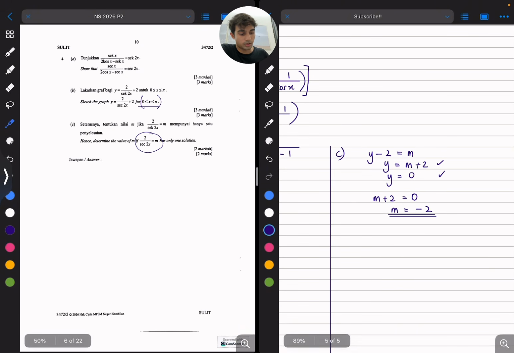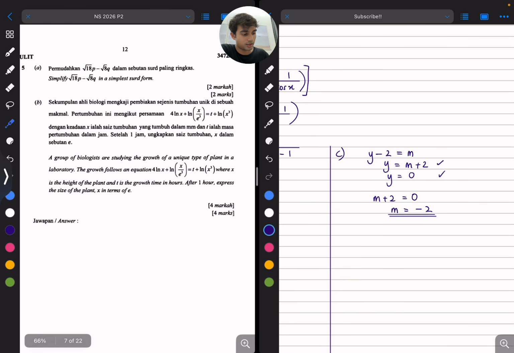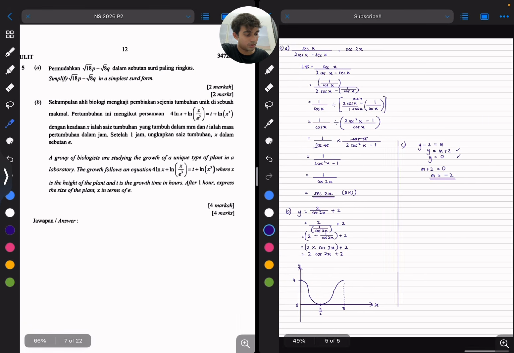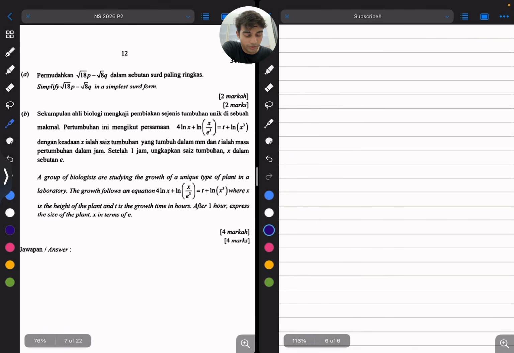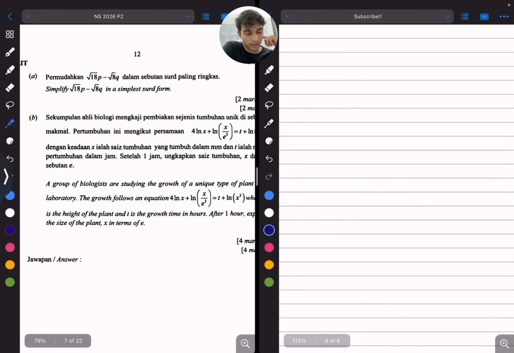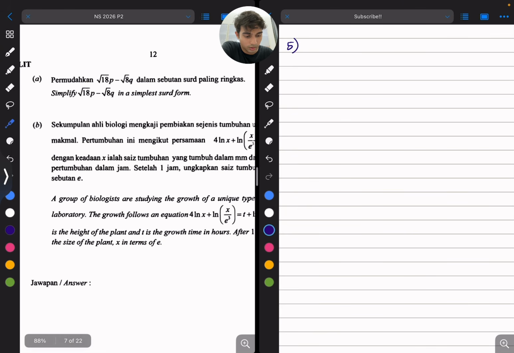That's it. Question 5. Right, simplify this in a simplest surd form. Okay, so we have surd 5a, surd 18p minus surd 8q.